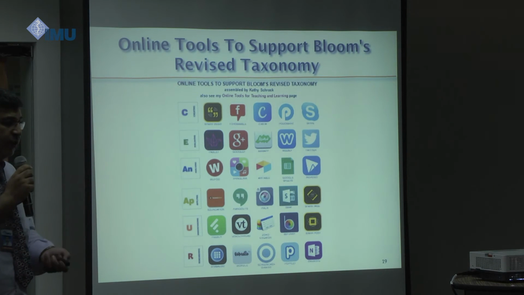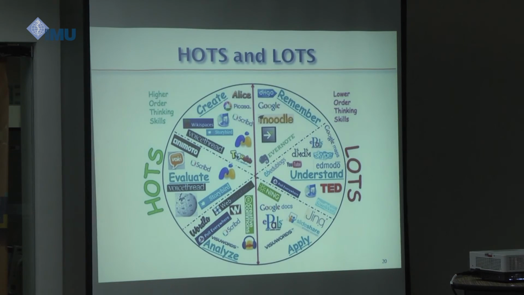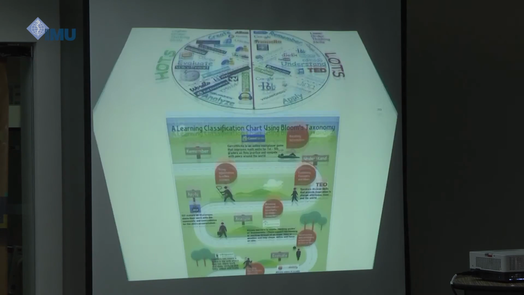Hangouts will be application, and there are a lot of tools available. This is when we divide them into higher order thinking and lower order thinking skills, based on that division.